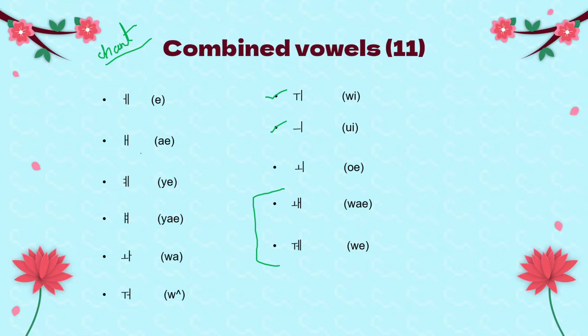This is a, ye, ya, wa, wo, we. I have written it OA here because in romanization this is OA, and basically you cannot pronounce this OA. You have to pronounce it this way, way.